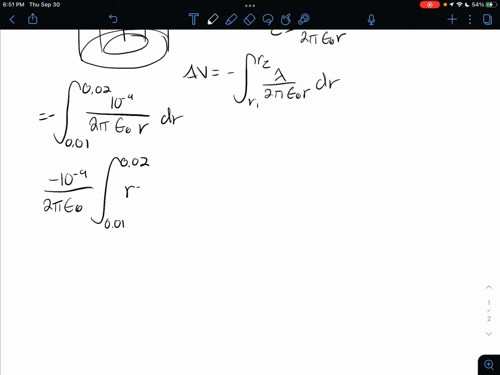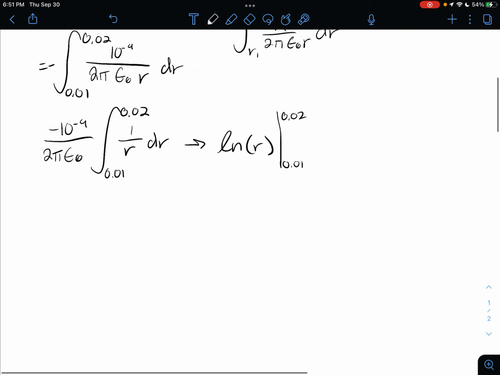I'm just going to rewrite that as r to the negative 1. No, actually I'm not. I'm going to write it as 1 over r. Why the heck not? So now we have the integral of 1 over r dr. That's just going to end up being the natural log of r evaluated from 0.01 to 0.02.